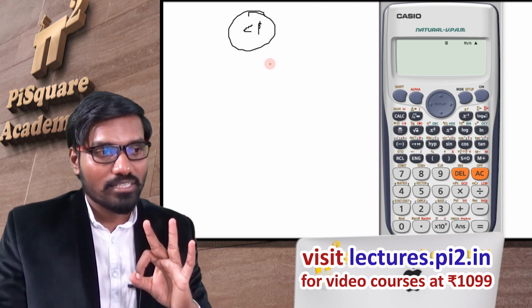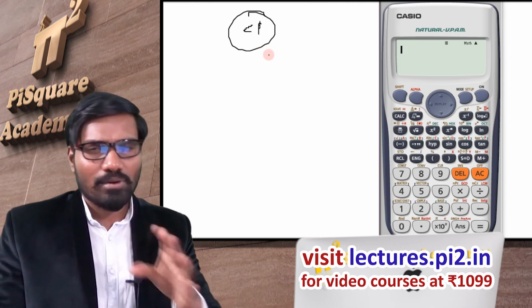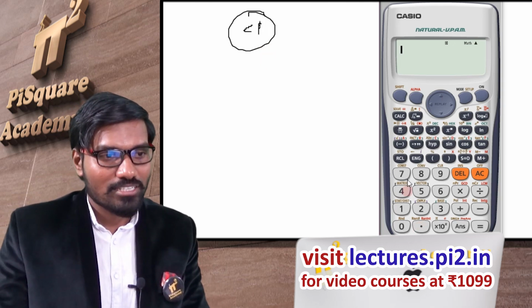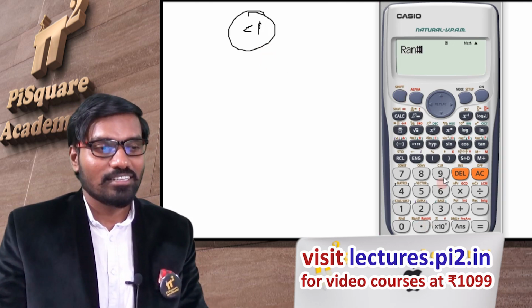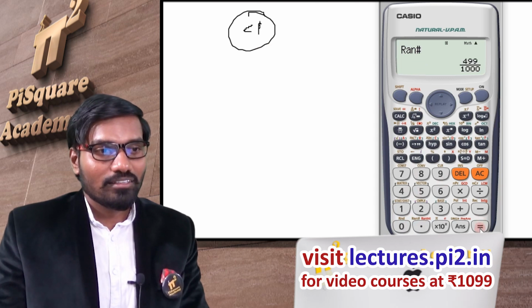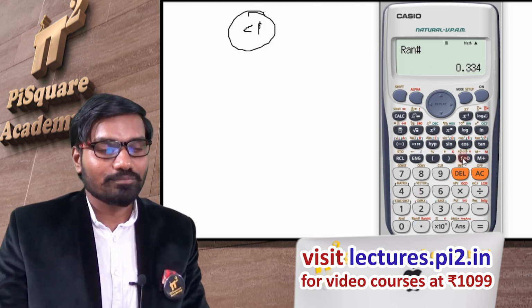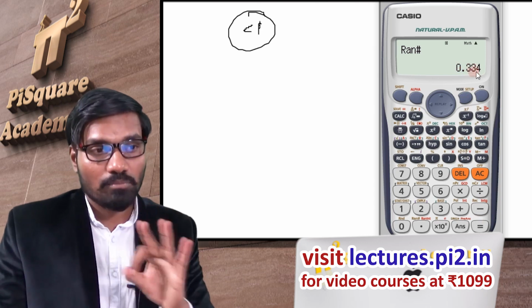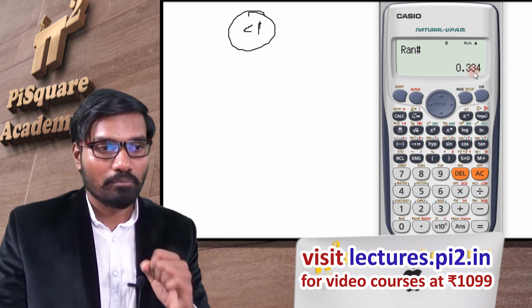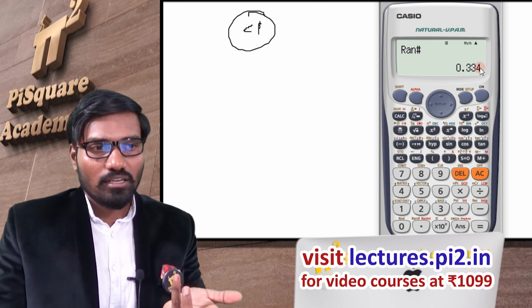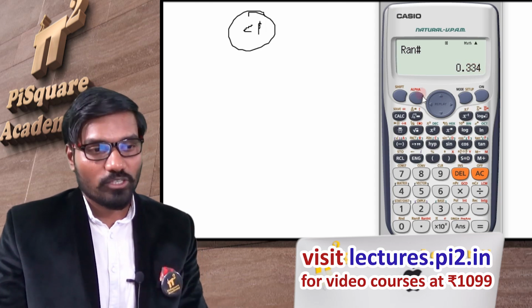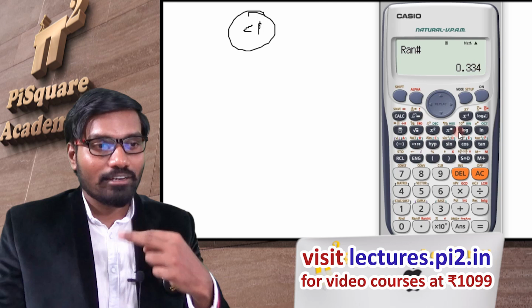With 3 decimal points, it will generate some random number. Let me enter this, shift and this random number. Some random number will be there with 3 decimal points. Okay, 3 decimal, maybe the third one may be 0, but not 4 decimal points. So it will keep generating, it will never repeat the number.